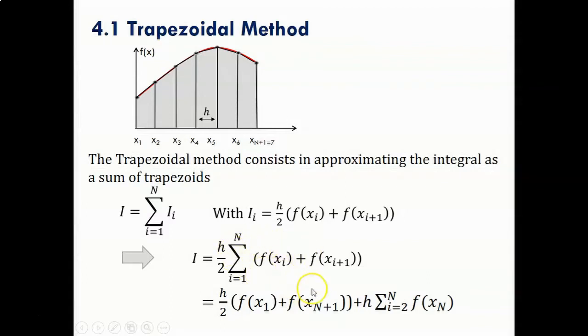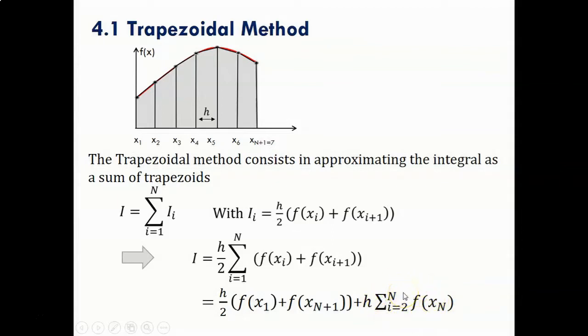Now, by making a change of variables, you can recast this sum into this expression. So you get h over 2, f of the first point plus f of the last point, plus h times the sum from i equals 2 to n of f of xi.